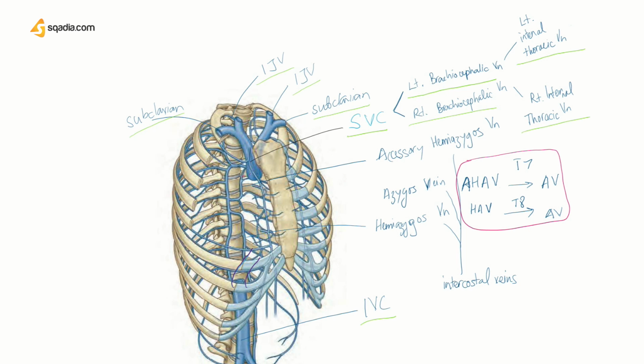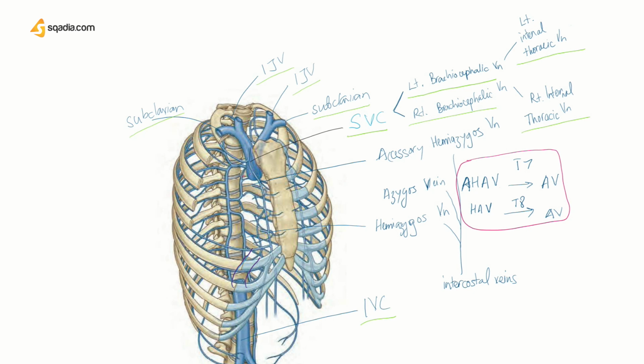As you can see, these veins over here, passing right behind the rib cage, parallel to the sternum, they also participate in giving intercostal veins, as you can see here. Okay?